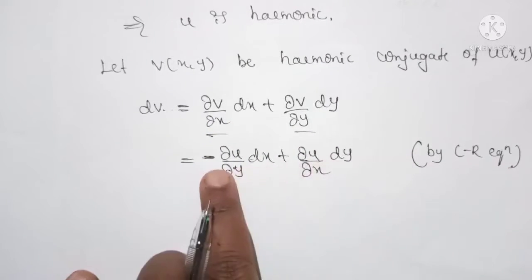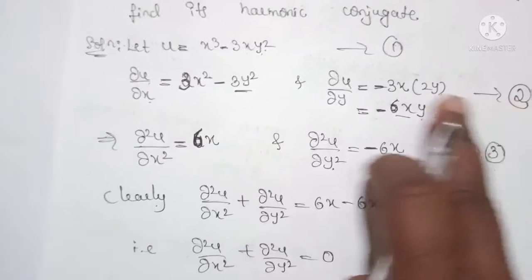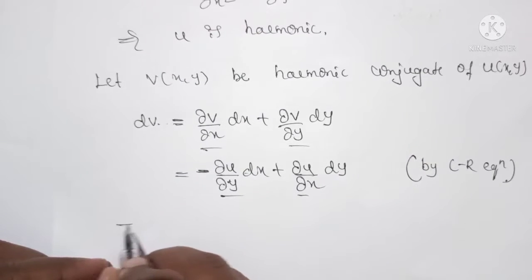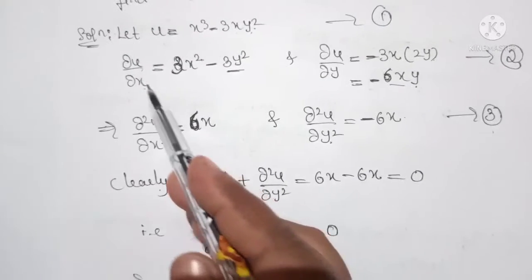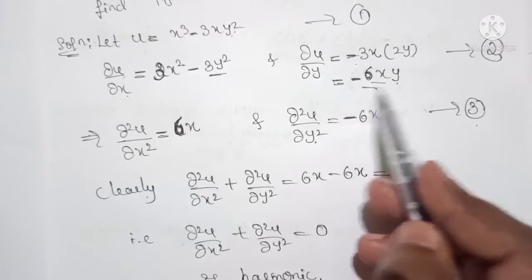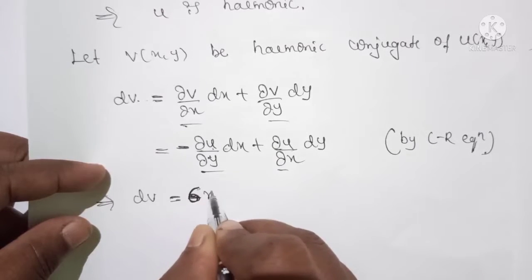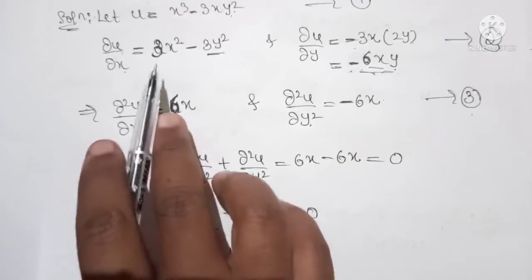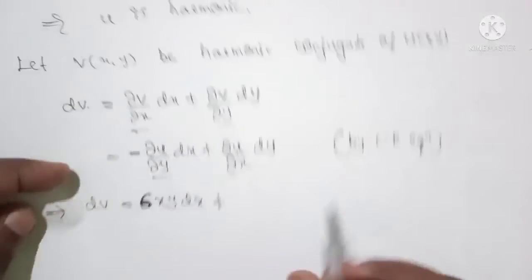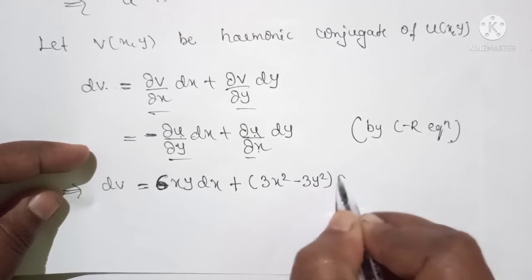From that we can substitute these, because these are known, that is by equation 2 we can substitute those values. dv is equal to minus dou u by dou y, dou u by dou y is this one, minus into minus we get plus 6xy into dx plus dou u by dou x, which is 3x square minus 3y square, into dy.